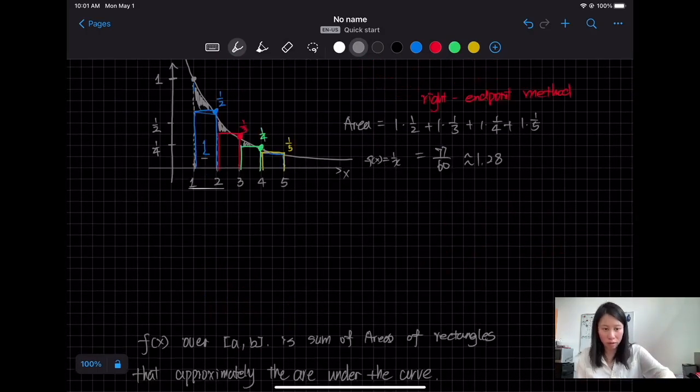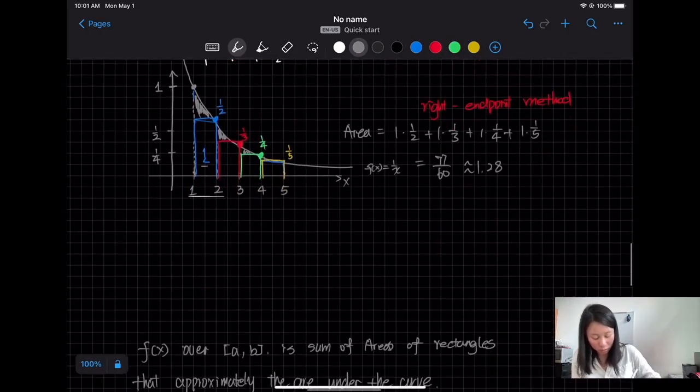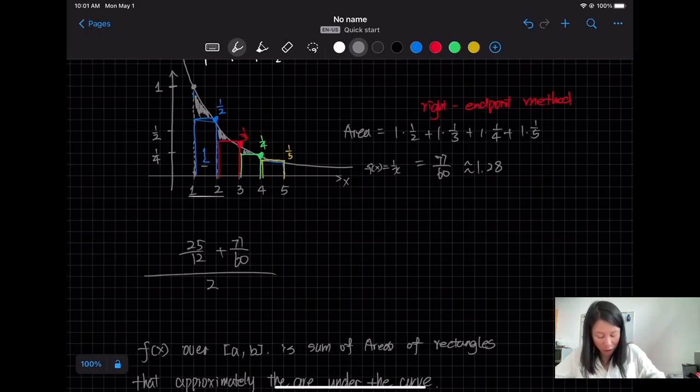Okay, so if we take the average, we have 25/12 plus 77/60 divided by 2 gives you 101/60, approximately 1.68.